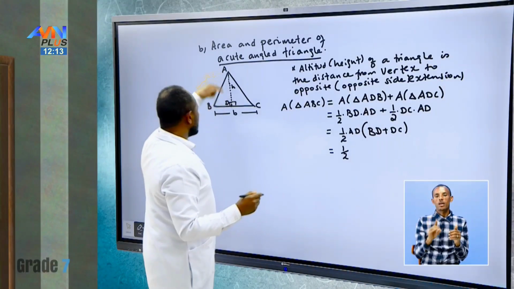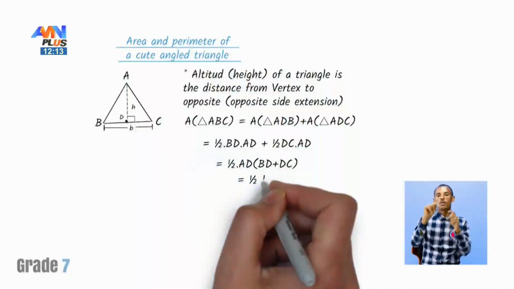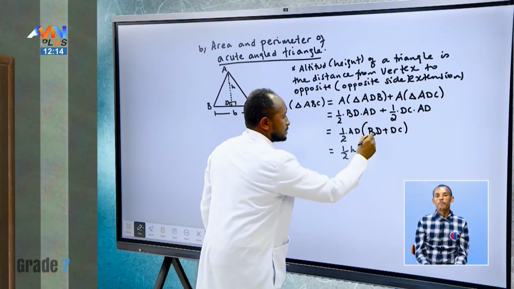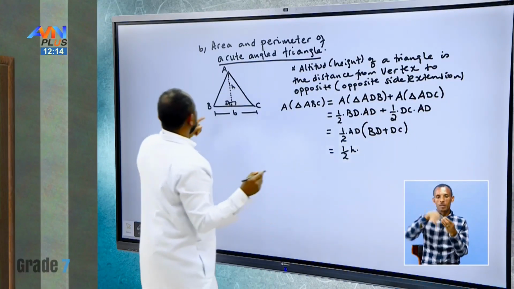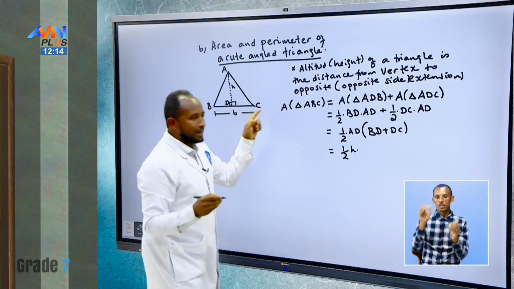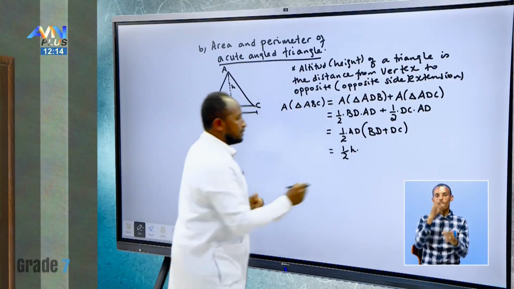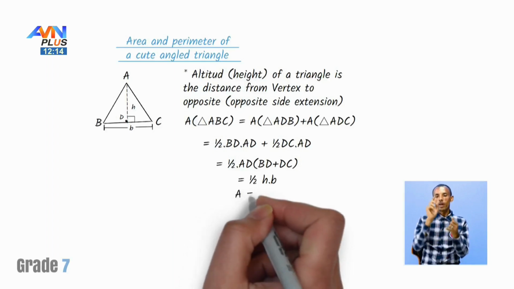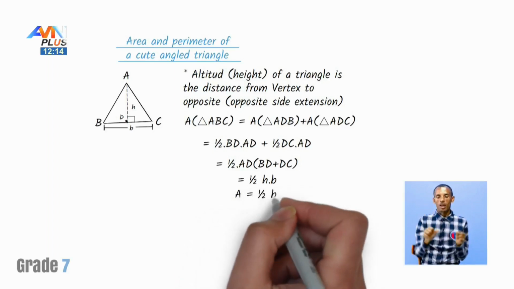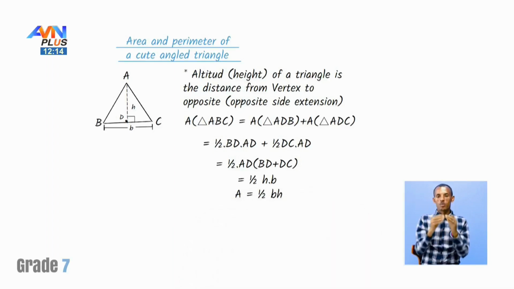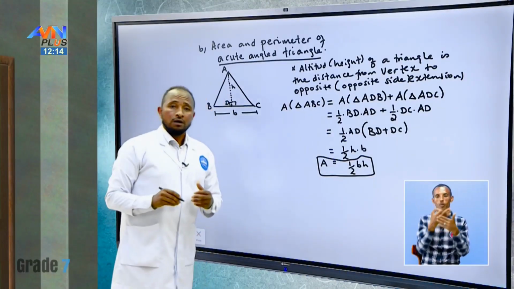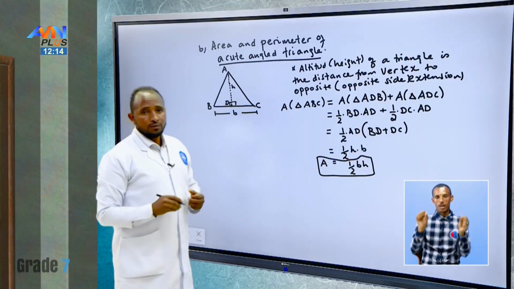AD, the altitude or height of the triangle, is H. So times BD plus DC, which is the total length, the base B. Finally you have this equation: area of a triangle is half times base times height. This is the equation to calculate the area of an acute angle triangle.